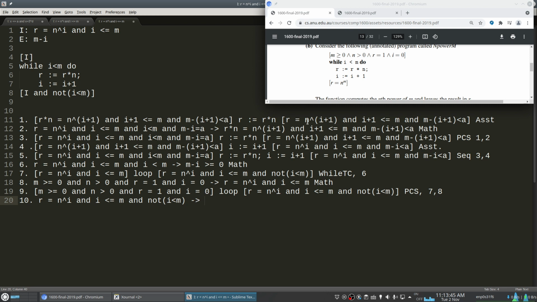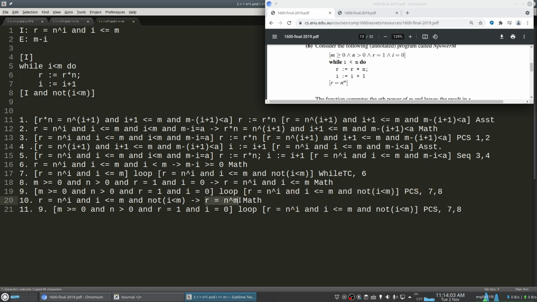And then we also have that this stuff here implies the postcondition that I desired, r equals n to the power of m. And why do I know that to be true? Because I rigged my invariant such that the statement was true back when I was picking the invariant earlier. So I know that's also true by math. And then I can take this statement and weaken the postcondition like so.